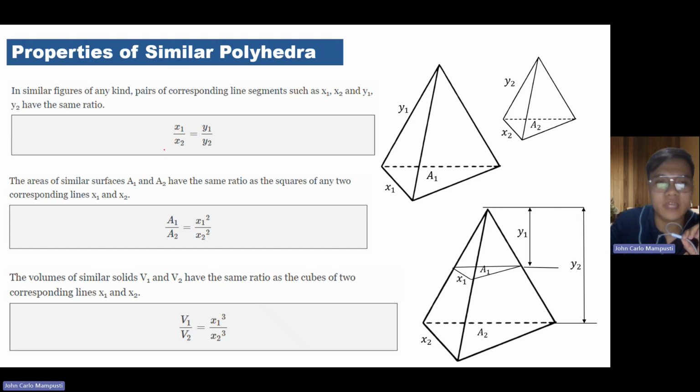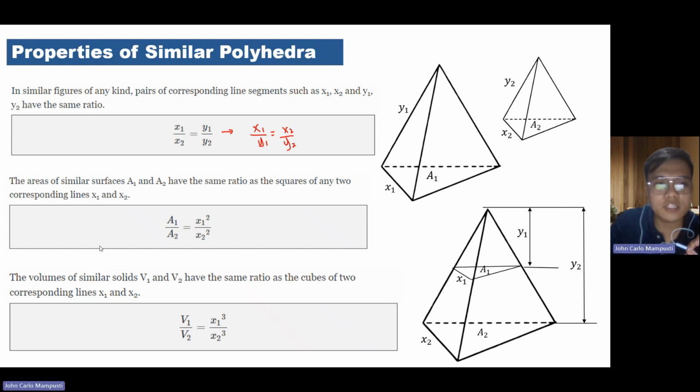This is the ratio of the edges equal to y sub 1 over y sub 2. So as you can see, pwede nating i-arrange yan. Pwede yung maging x sub 1 over y sub 1 equal to x sub 2 over y sub 2. So this is now the ratio ng edges niya. So parehas lang, no? As you can see, we have bigger triangle and smaller triangle over here.